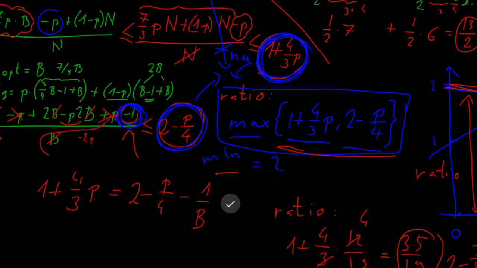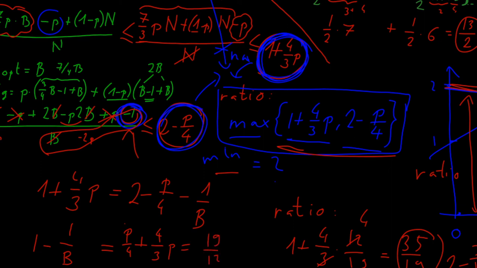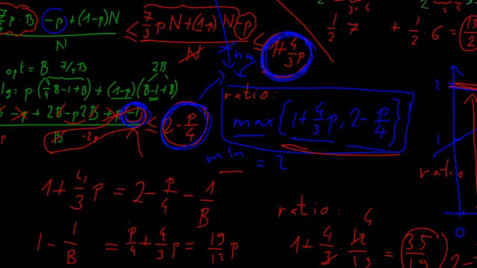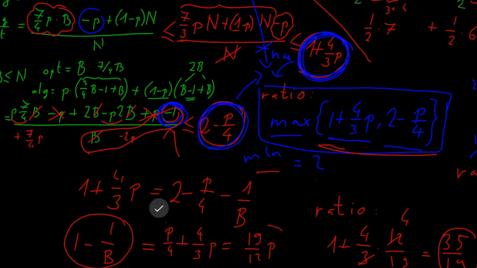If I'm just keeping this term in my equations, the two lines still meet in a good place, because it's just 1 minus 1 over b, which should again equal P times 1/4 plus 4/3, still something like 19 over 12 P. But in this case, the optimum value for P depends on b.